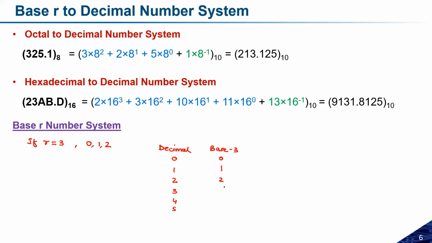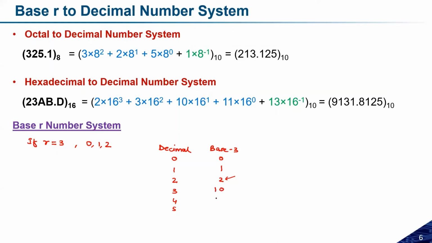Yes, perfect. Because the next digit place will come into the picture. This is the maximum value which we can accommodate in base 3, and if we increment this value, then the next digit place will be activated. So the next number will be 1, 0.